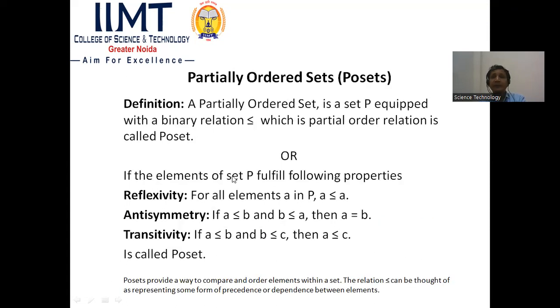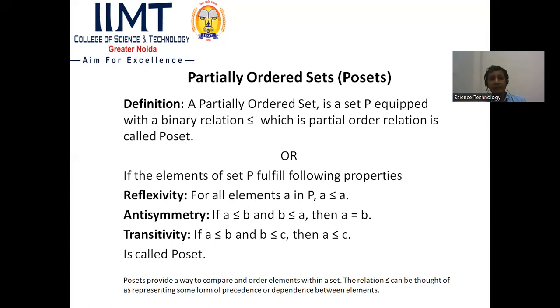Now, we are going to define a poset. So, up to now, we have noticed there is a set P from which we are taking objects, and there is a relation or order relation which is denoted by less than or equal to, and this relation is a partial order relation if it fulfills three properties: reflexive, antisymmetric, and transitive.